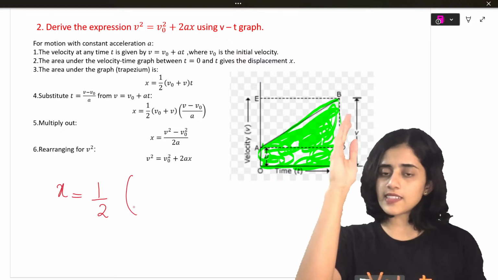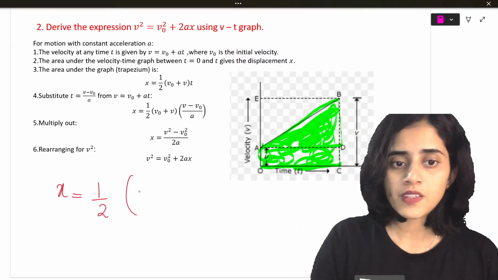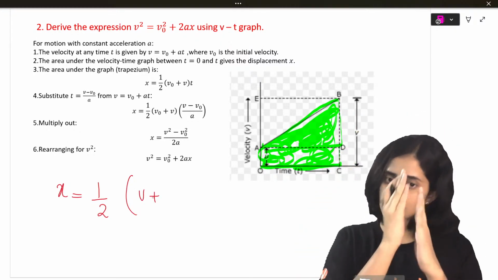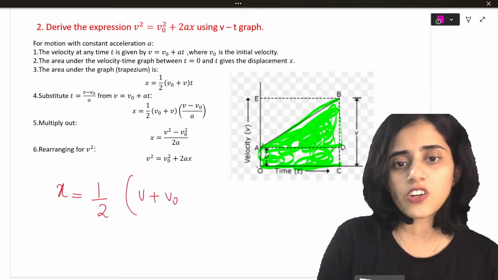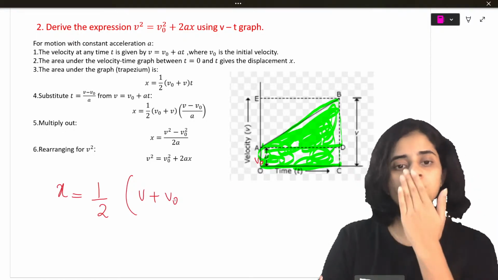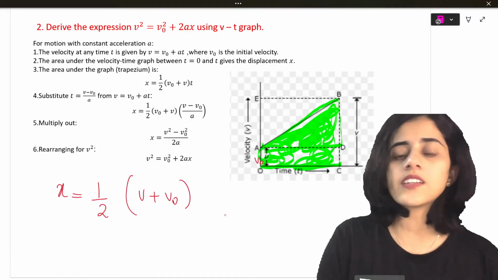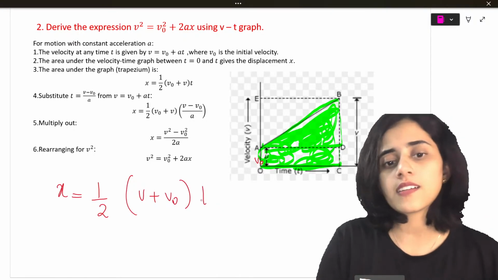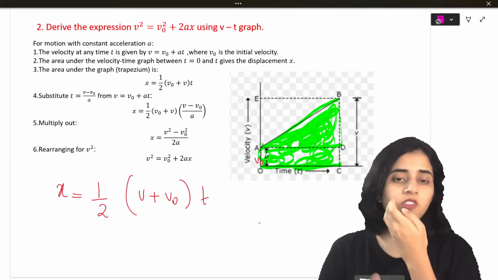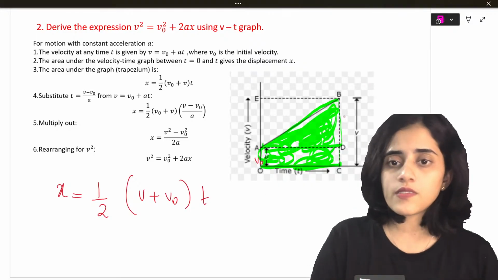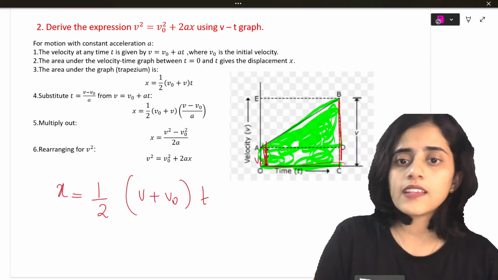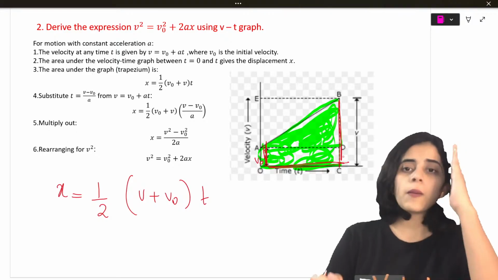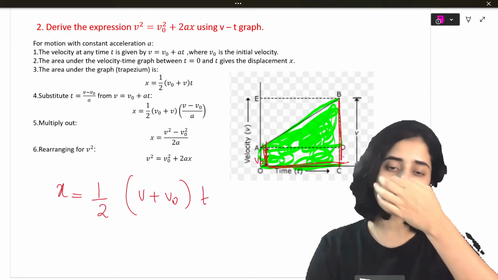The first parallel side is V. The second parallel side is the small one, which is U or V naught. The base is time.